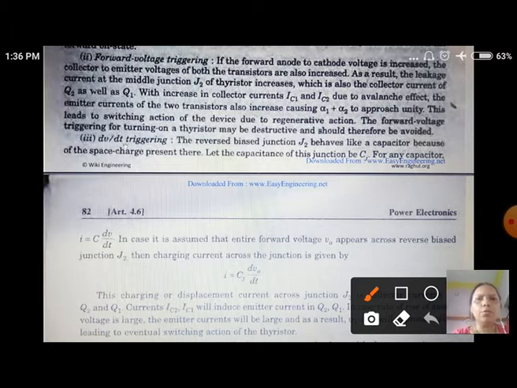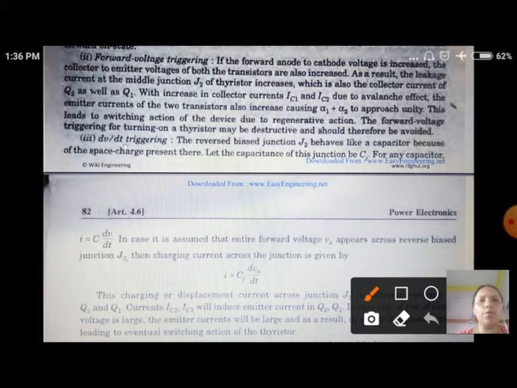In forward voltage triggering, what happens is that when forward voltage is applied across anode and cathode, the thyristor acts in the forward blocking state.